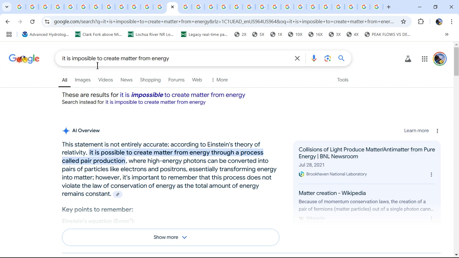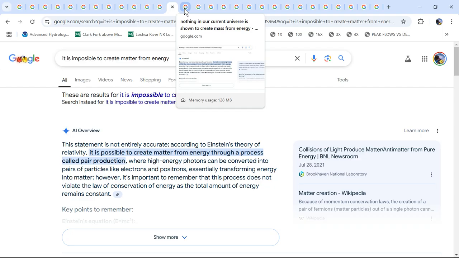It is impossible to create matter from energy. So our current understanding is, it's not accurate. Einstein related E equals mc squared, that if you have a pile of energy, it's equivalent to mass, and if you have mass, it's equivalent to pure energy.